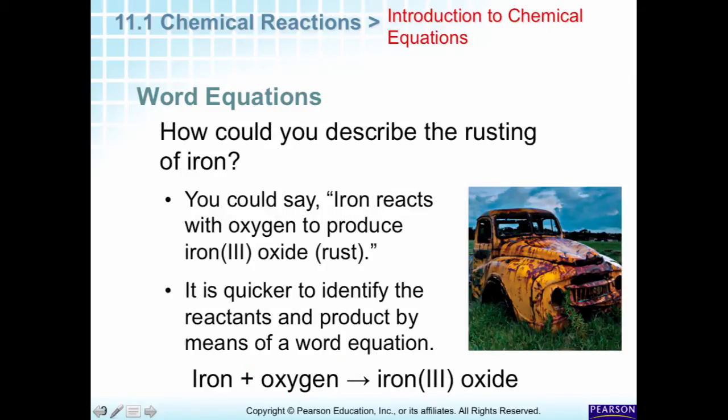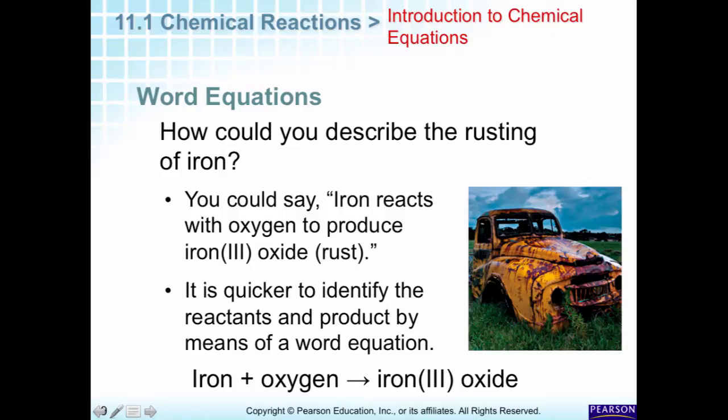All right, let's look and see how a word equation is made. Here we have an old jalopy of a truck. So you could write out the sentence, iron reacts with oxygen to produce iron(III) oxide, or rust. That's what rust is. It's easier to just put this in a word equation.